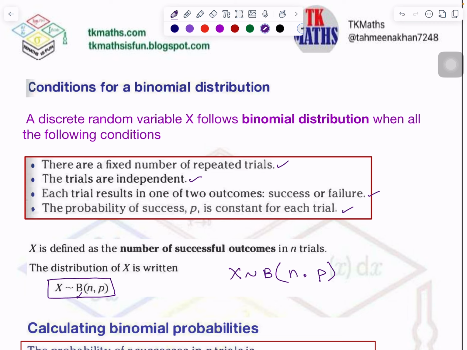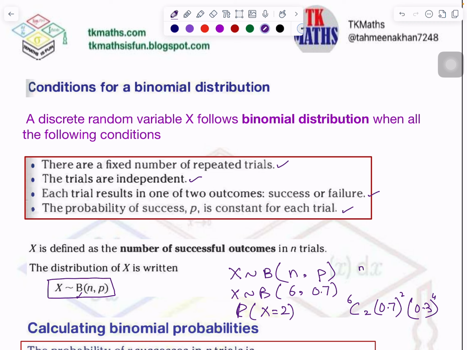So if I write the same question again here, I can say, for example, 6 tosses, probability of head is 0.7. And what is the probability that I get exactly 2 heads? So this question would become 6C2, my P is 0.7 to the power 2, 0.3 to the power 6 minus 2, which is 4.